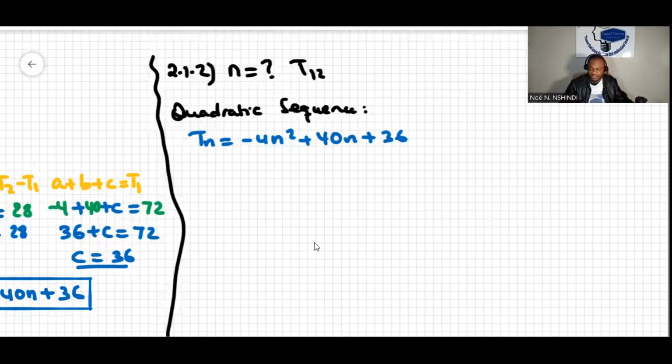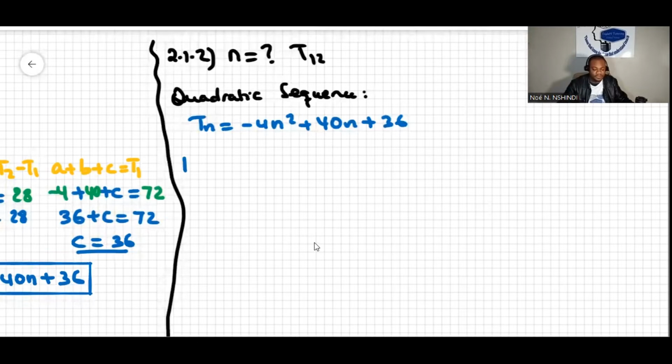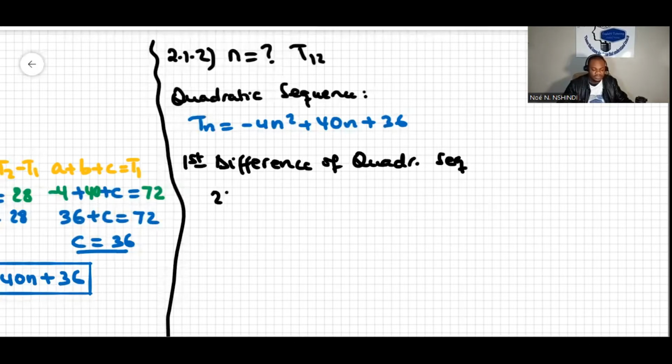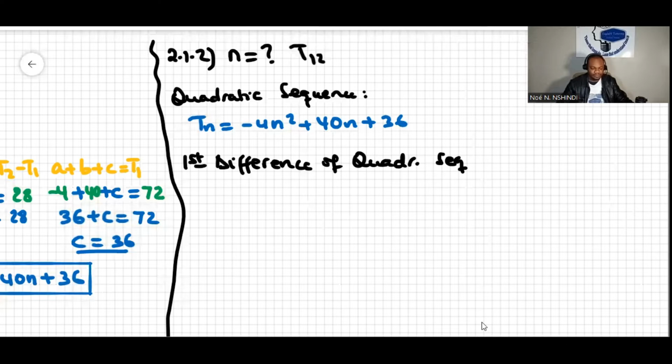Now the first difference of the quadratic sequence. The first differences of the quadratic sequence are formed like this: 28, 20, 12, etc. Okay.